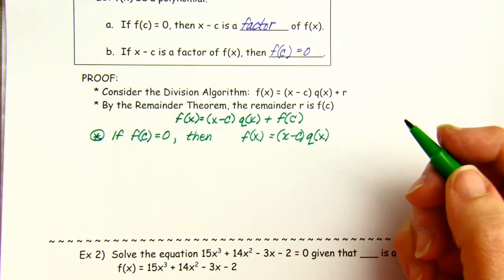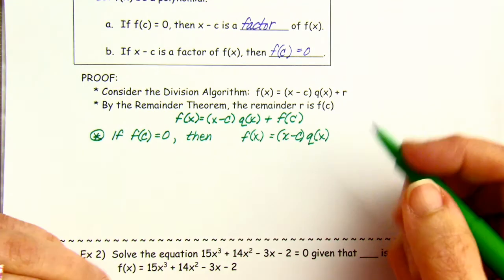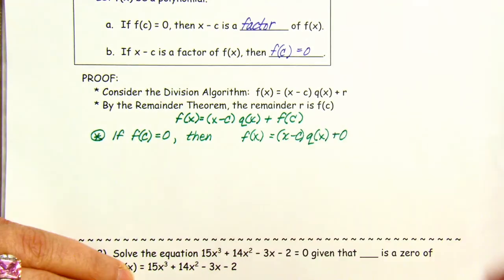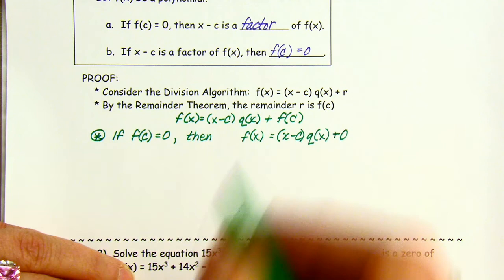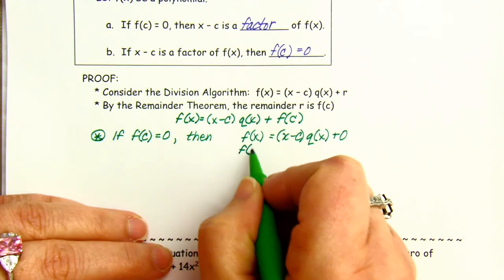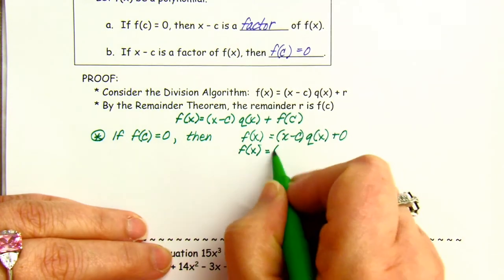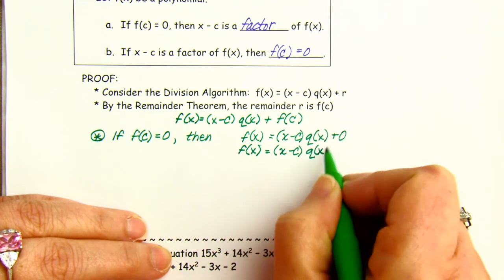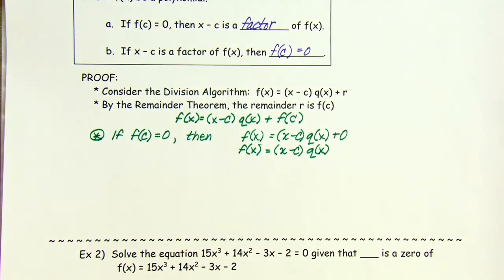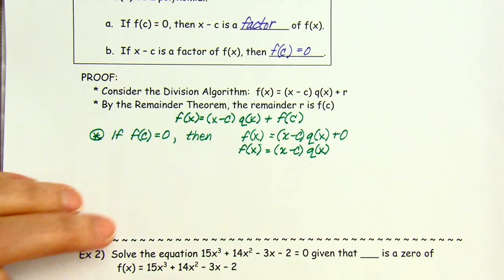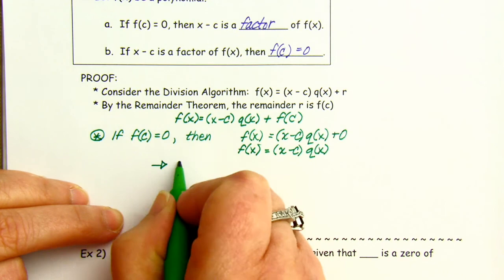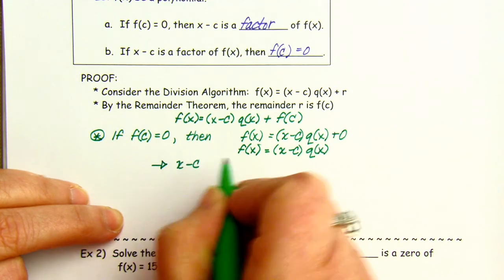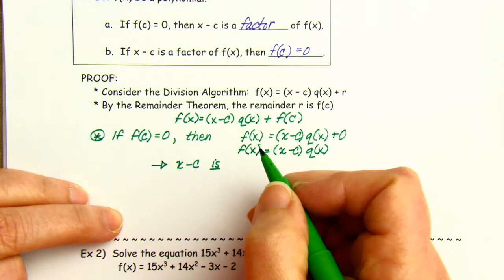If f of c equals 0, I can replace f of c with 0. And I end up with f of x equals x minus c times q of x, right? If I have a product of two things, then they are factors of that original polynomial function. So we conclude that x minus c is a factor of f of x.